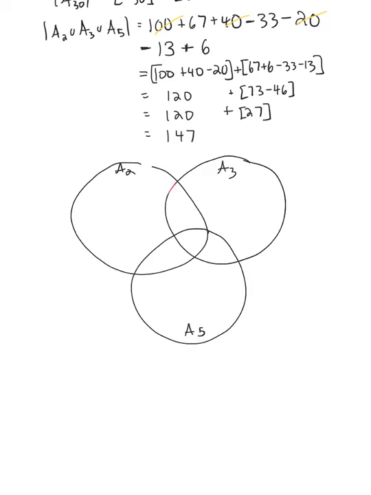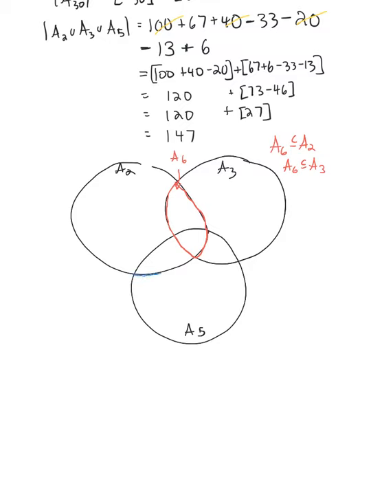This region here, the intersection of A2 and A3, this is, of course, A6. And note that A6 is, of course, a subset of A2, and A6 is a subset of A3. Numbers that are divisible by 6 are divisible by 2, and numbers that are divisible by 6 are divisible by 3. And it's similar for the rest of them.